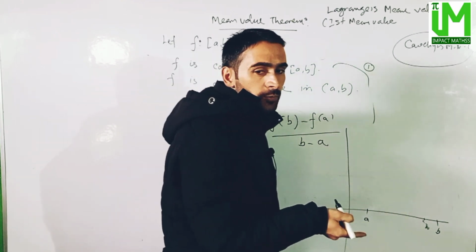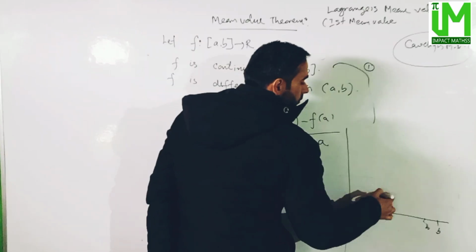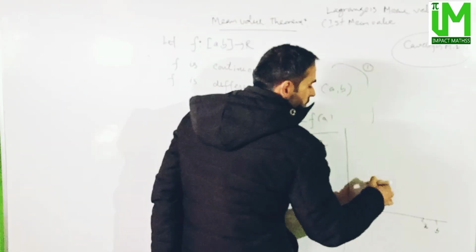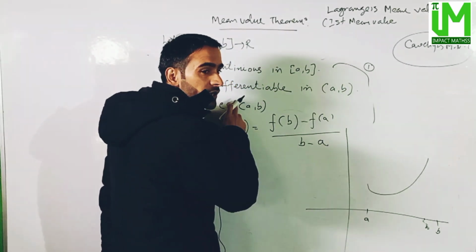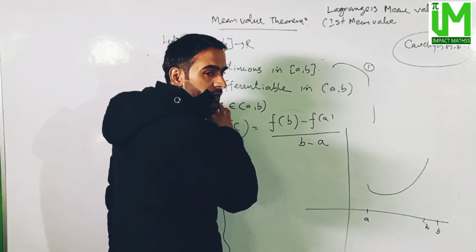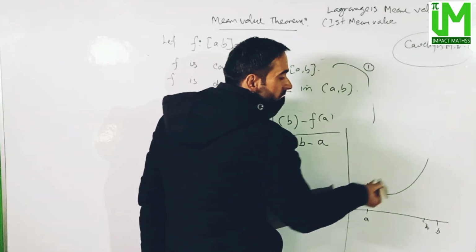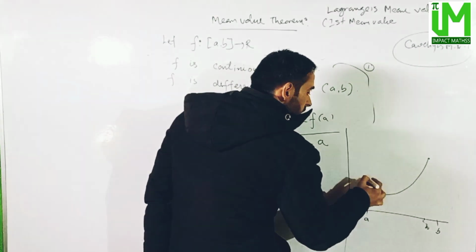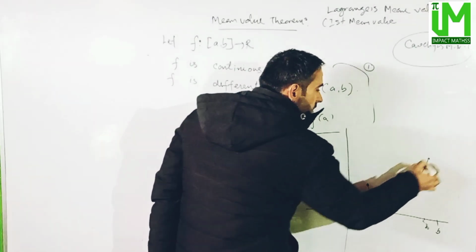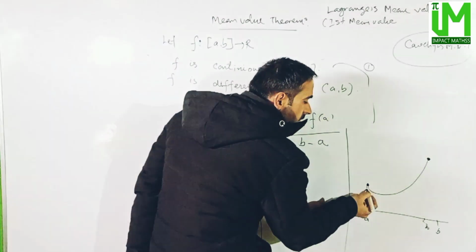Say we have a graph like this, which satisfies these conditions, but f of a is not equal to f of b. So this is f of a and this is f of b. What will be the coordinates of this point?